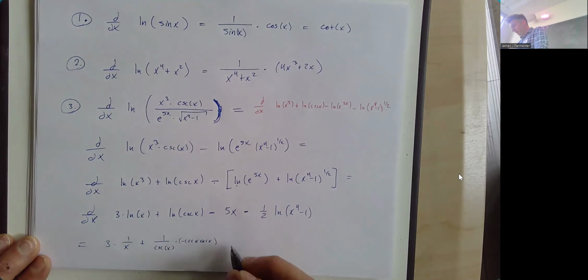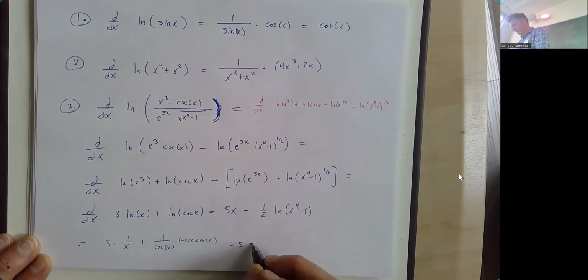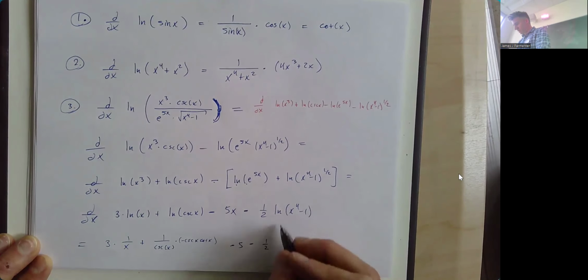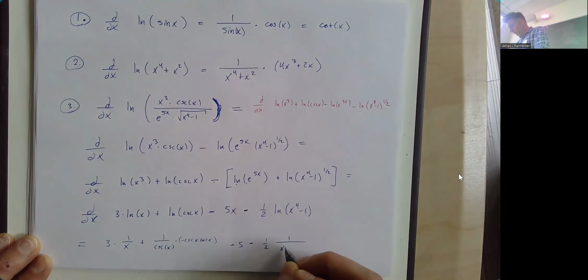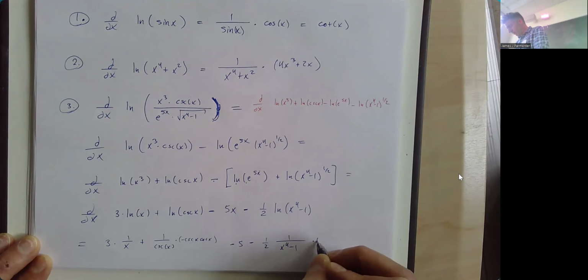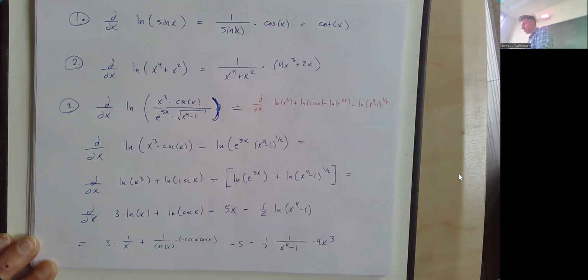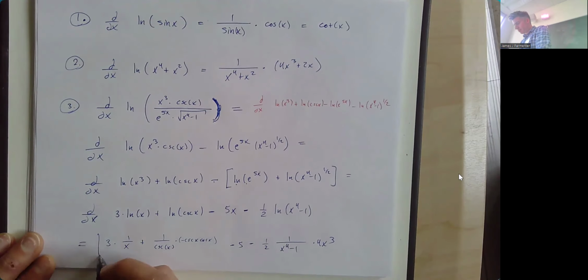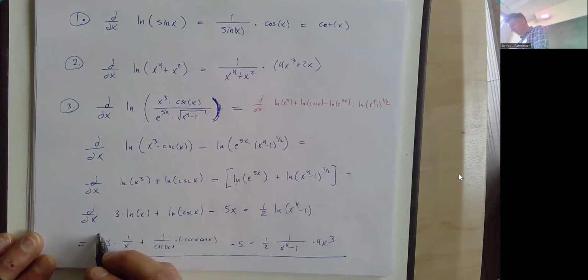Interesting. Minus 5 minus 1/2 times the derivative of this, which is 1 over x to the fourth minus 1 times 4x cubed. And yeah, it's kind of terrible.